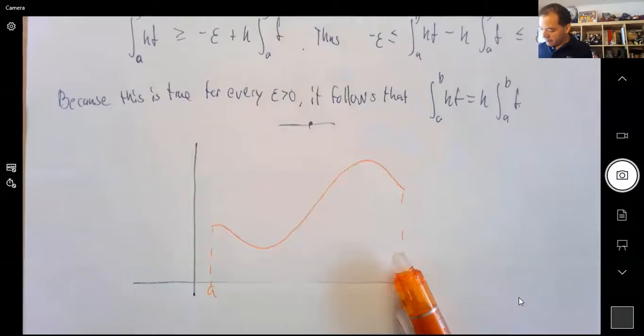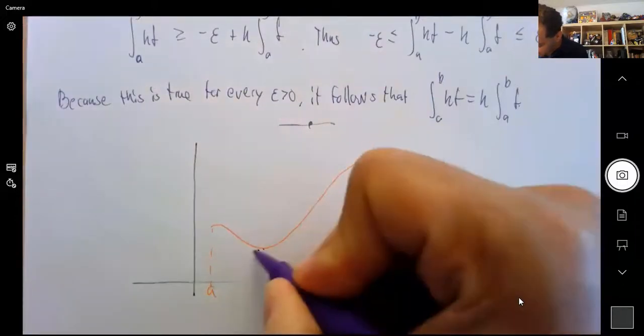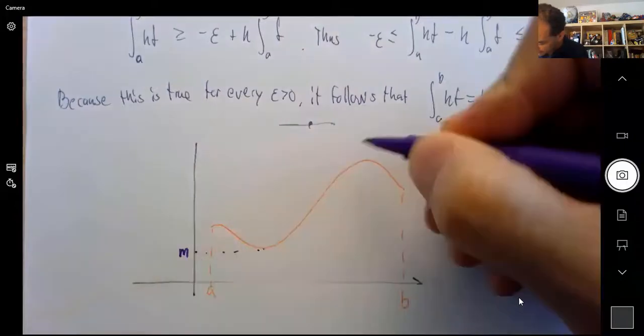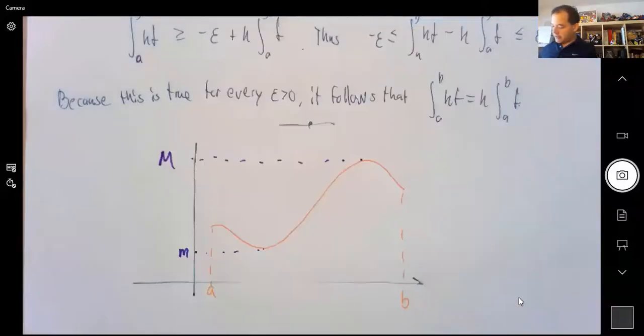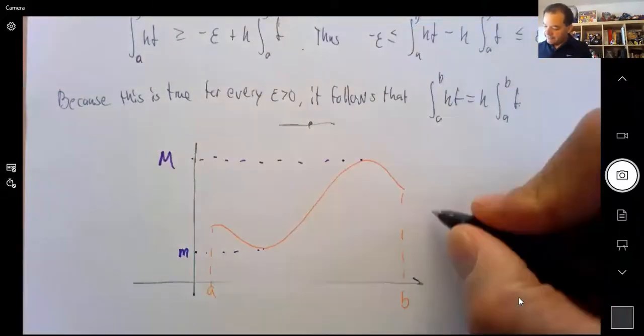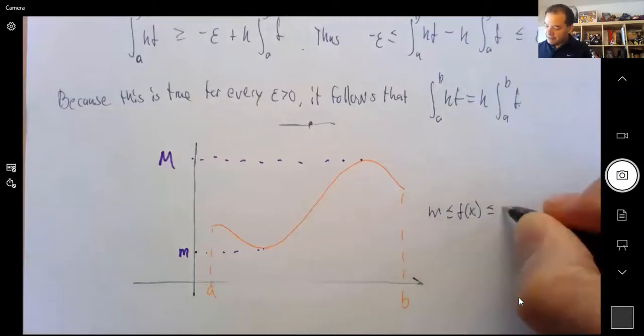What is the minimum of this function? The minimum is right over here, and the maximum is right over here. So in this case, we know that f of x is between little m and capital M.